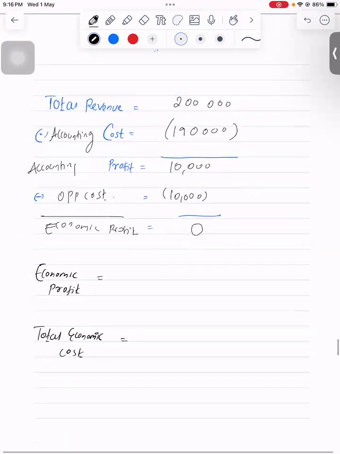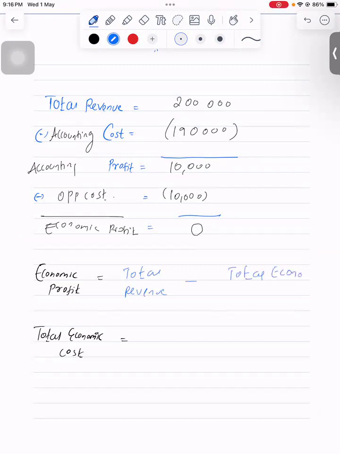So how to calculate economic profit? The economic profit formula will be total revenue minus total economic cost. Now look at this entire table and tell me, what will be the formula for economic cost?